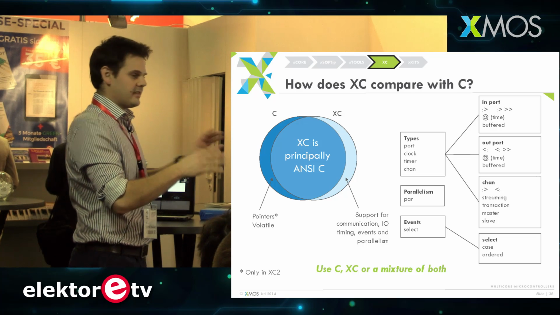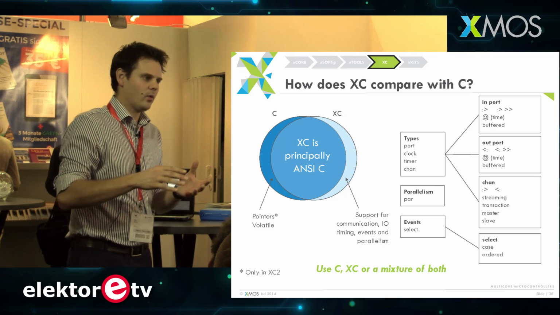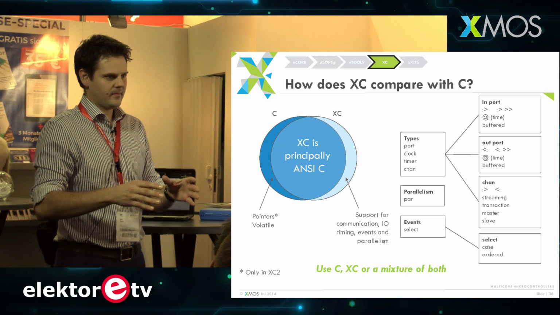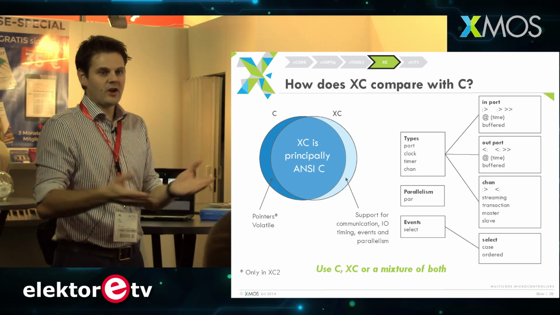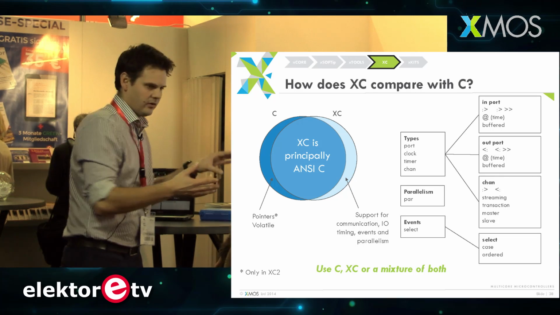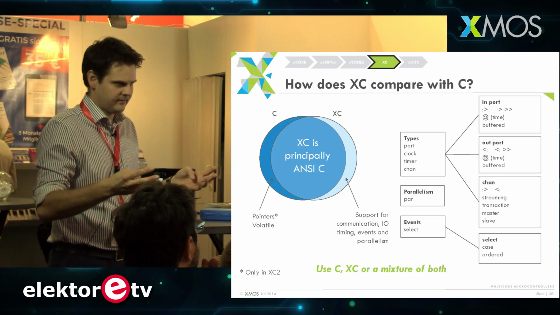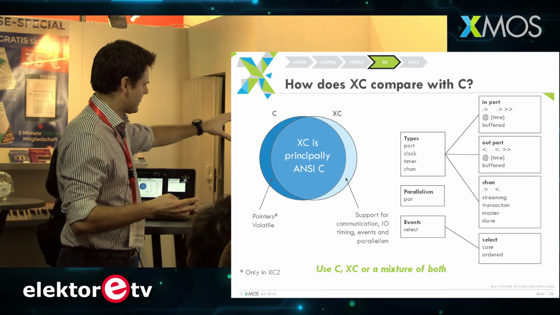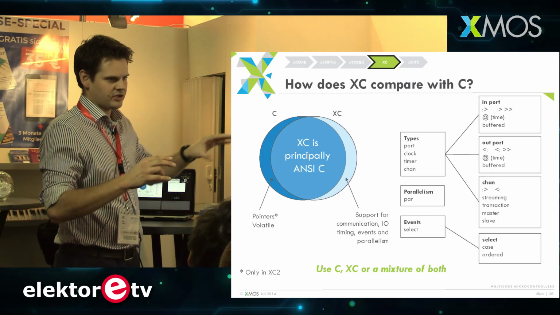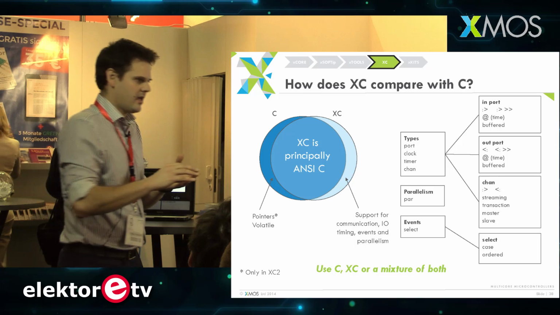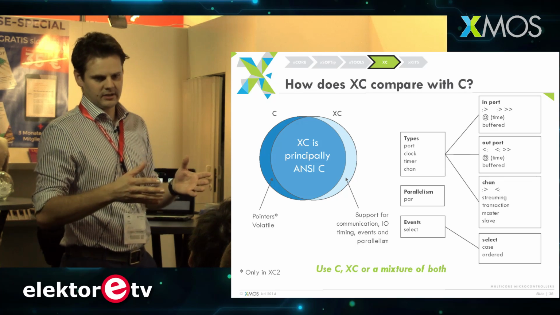So this next section is about how you program the device. 90% of the coding you will do on an XMOS device is C, or C++, in fact. But there are some constructs that we need to define that allow us to make use of the architecture.